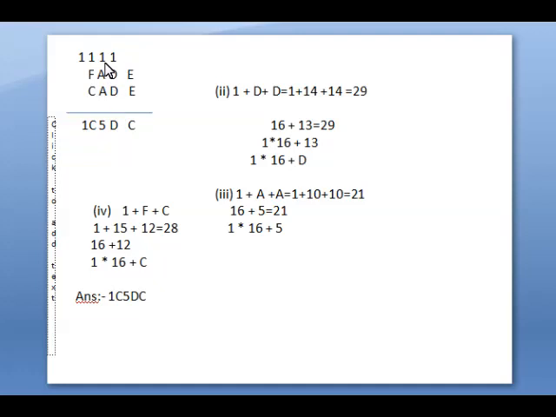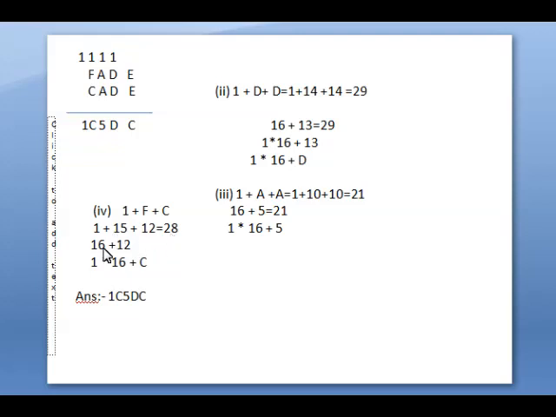Again, third step: 1 plus A, that is 1 plus 10 plus 10, equal to 21. A means 10. So again we are going to split this number: 16 plus 5 equal to 21. That is 1 into 16 plus 5. So 5 is the sum and the 1 is the carry here again. Again we are going to add the numbers 1 plus F plus C. 1 plus F means 1 plus 15, and C means 12, equal to 28.